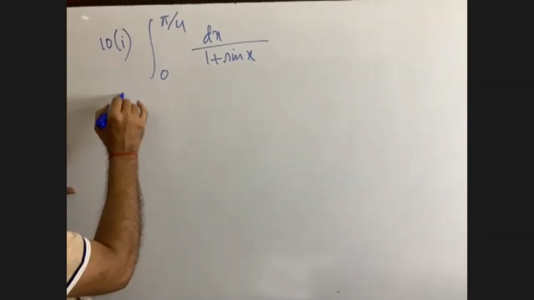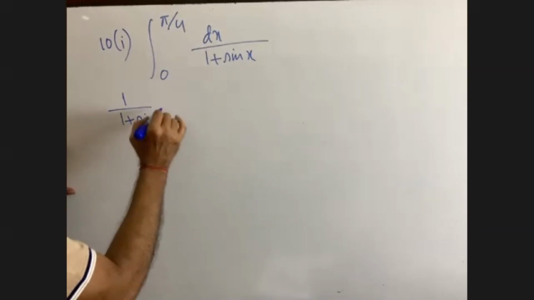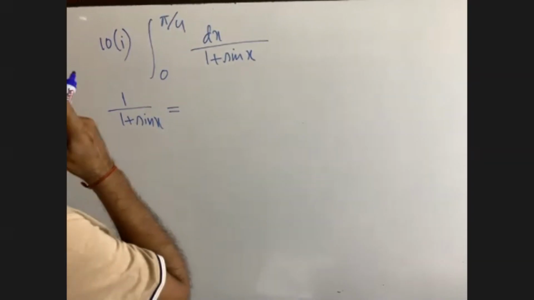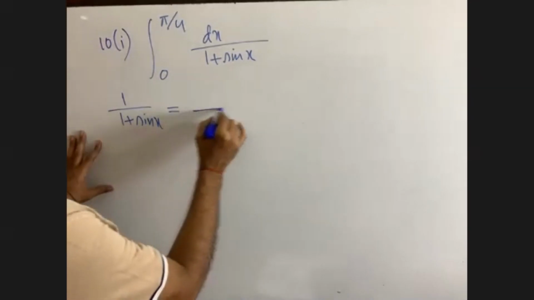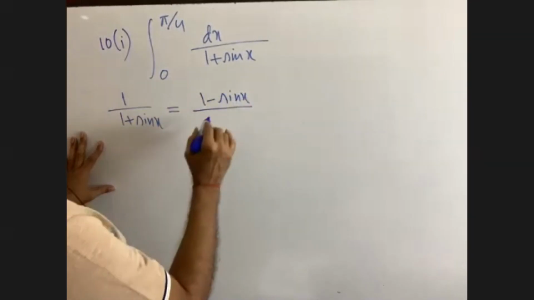We get 1 by 1 plus sine x equals to what? You calculate it at first. What will you do? What I told you? To multiply both the numerator and denominator by 1 minus sine x. Can you remember, please?